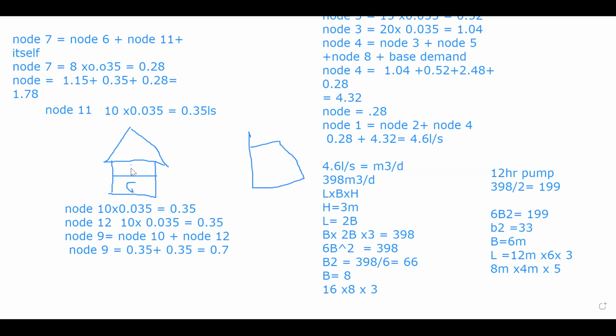This is first floor. And here is the tap level, maybe shower level. And here is 3 meters. Here is another 3 meters. And my tank is somewhere here.